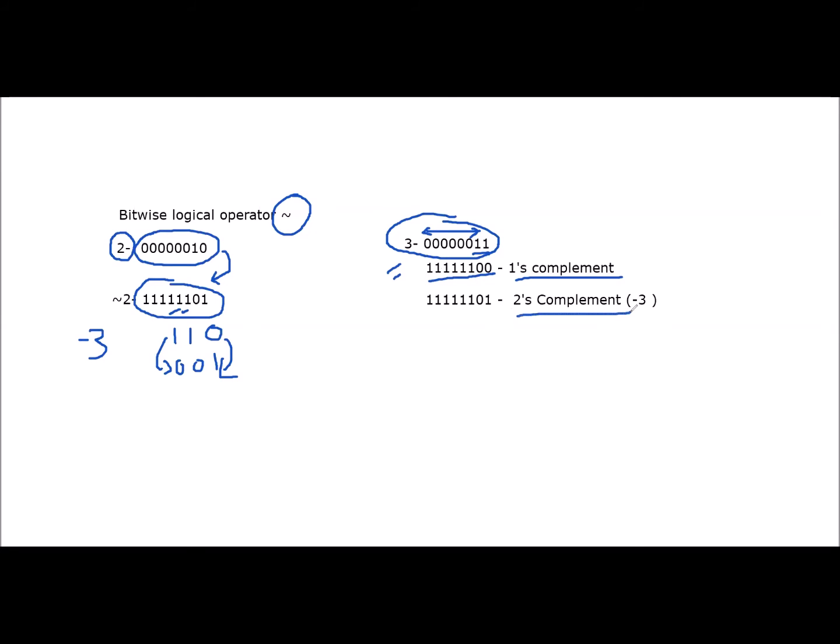When I perform the twos complement, I just add a 1 to the ones complement, and that is the twos complement of 3. This twos complement of 3 matches the bitwise logical complement of 2. So the computer calls this twos complement of 3 as -3.